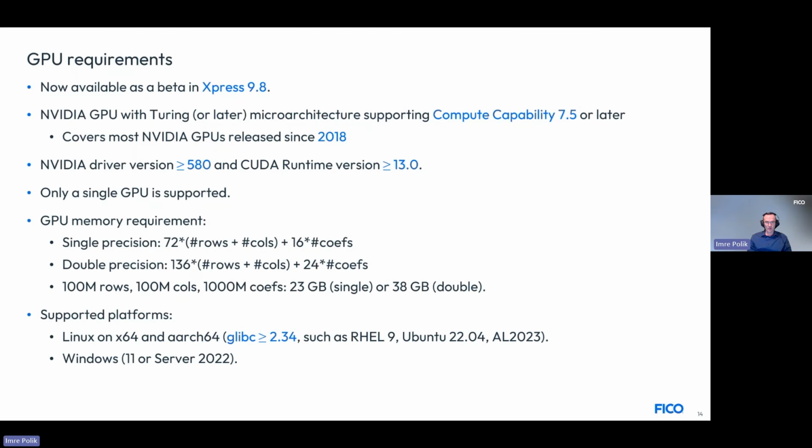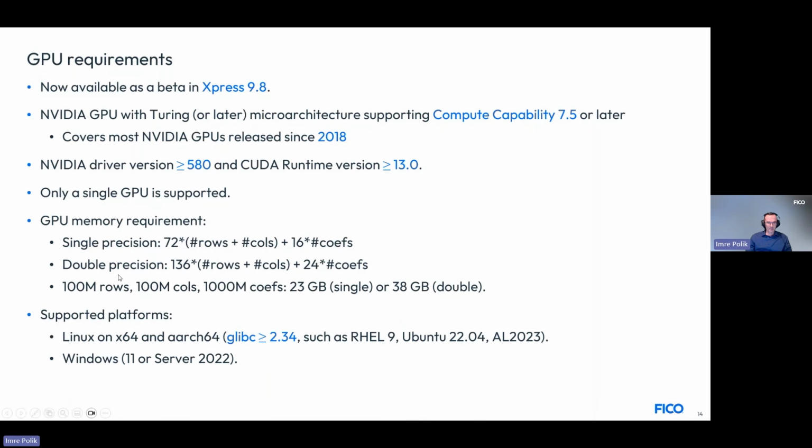And the GPU memory requirement, you can actually calculate that upfront, both for single and double precision. The double precision requires about 50% more memory on the GPU than the single precision version.